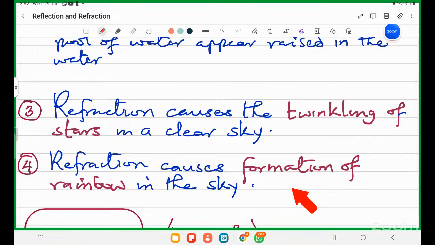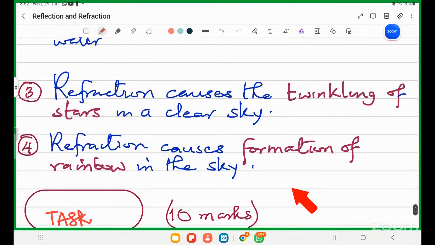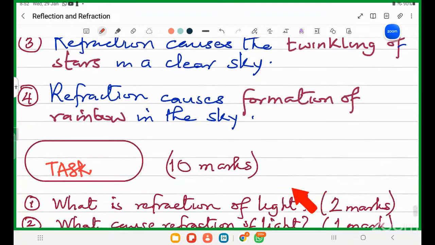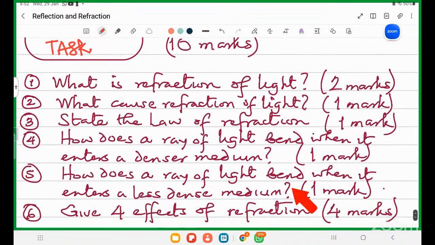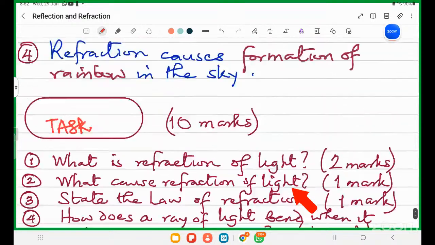So refraction helps to spread white light and make them appear as though they are one singular light.